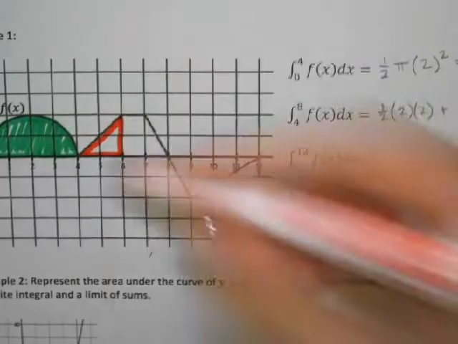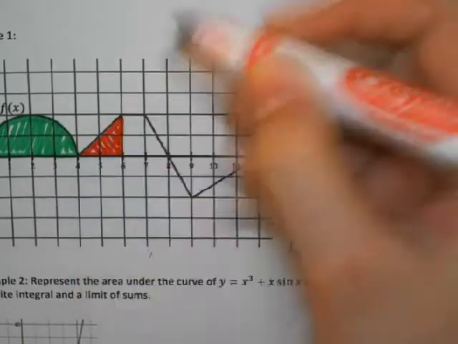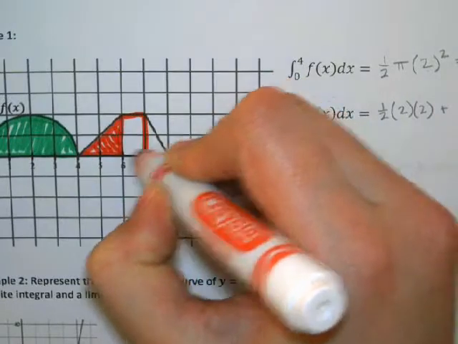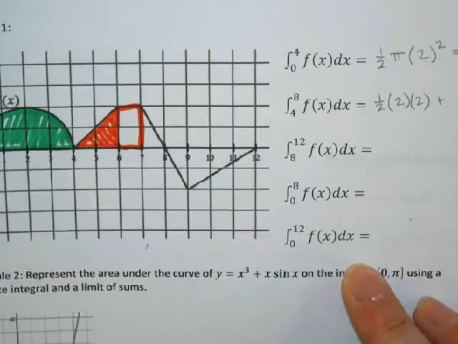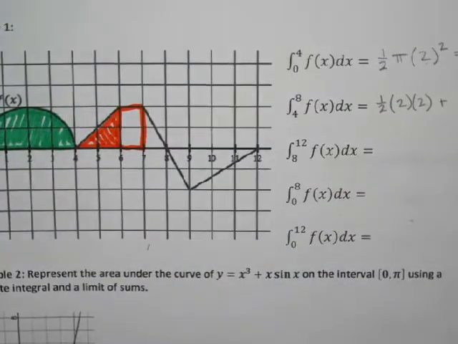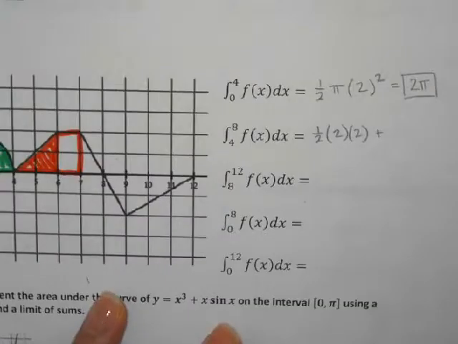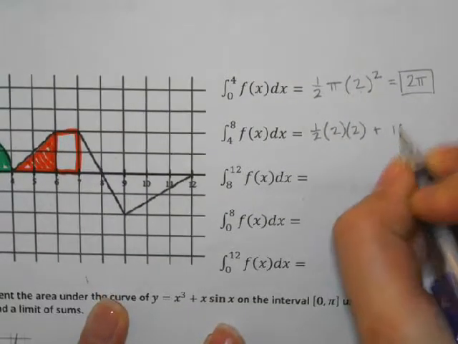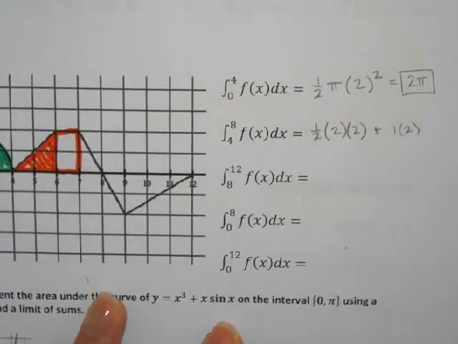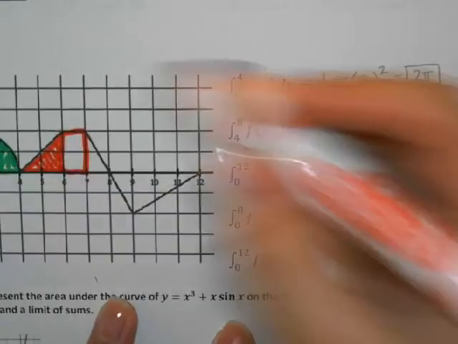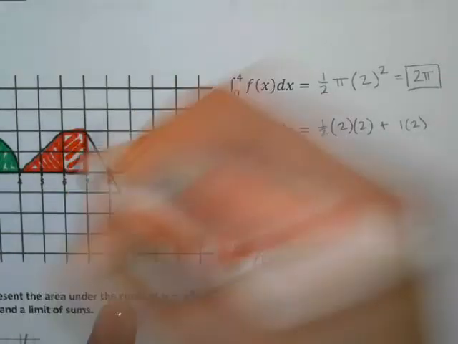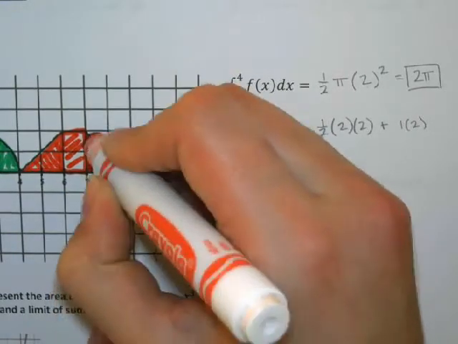Then next to it, I have a rectangle. How do I find the area of that rectangle? Yeah, just base times height, so just 1 times 2. Okay, so that one's done. And then next to that rectangle, I have another triangle.